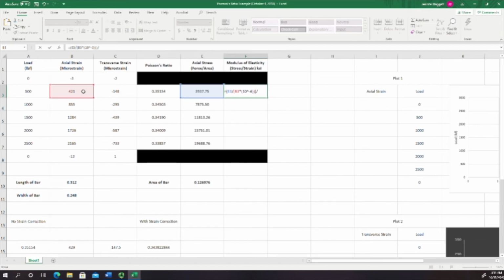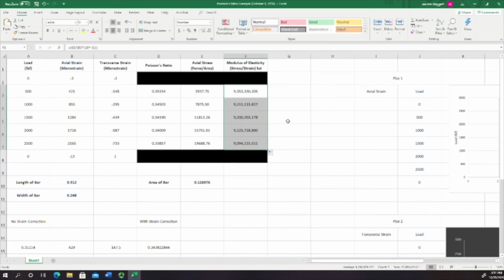And then if we leave this here, our value is in PSI. At each point, we can drag this value down, and that will populate our value for each value.